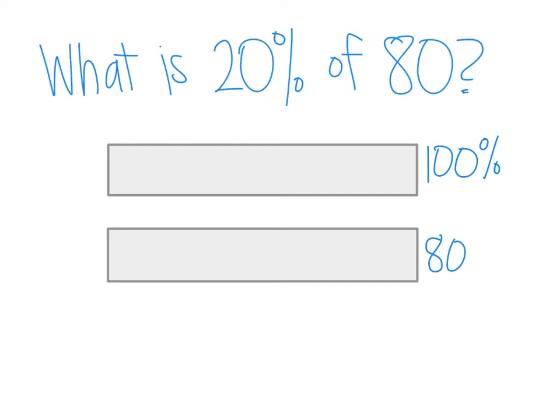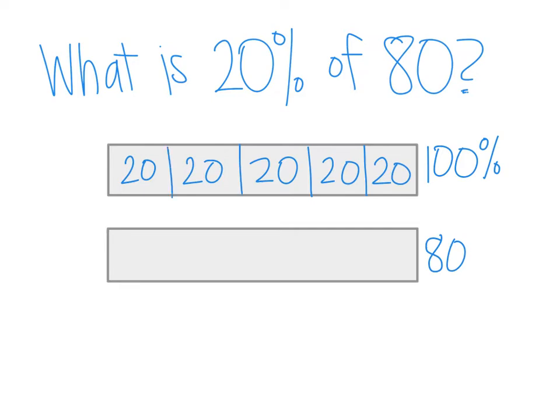I know that 20 can go into 100 5 times. 20, 40, 60, 80, 100. So if we break our first bar into groups of 5, we need to do the same for our second bar. Now the real question is, what is 80 divided by 5? And we can do the math on that and know that 80 divided by 5 is 16.